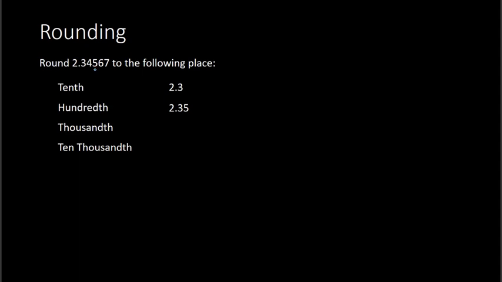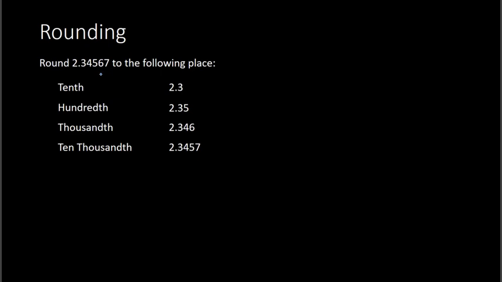So to round this number, I look at the one after it, which is the 6. 6 is closer to 10, so I round the 5 up to a 6. So this becomes 2.346. And then the 10,000th place is the 6, so I look at the number after it to determine if I round up or leave it there at a 6. Well, 7 is closer to 10, so I'm going to round the 6 up to a 7. So my answer would be 2.3457.